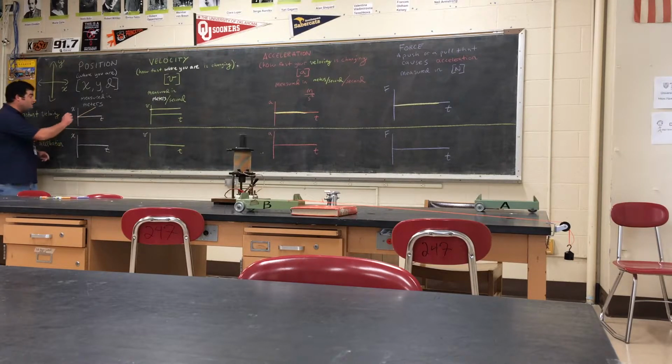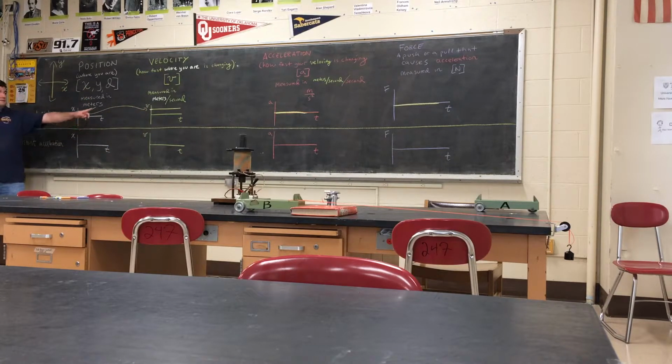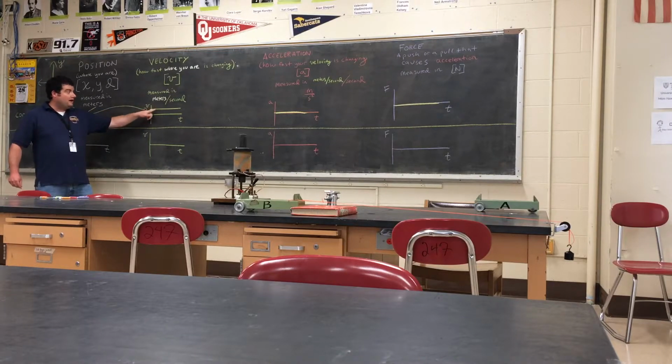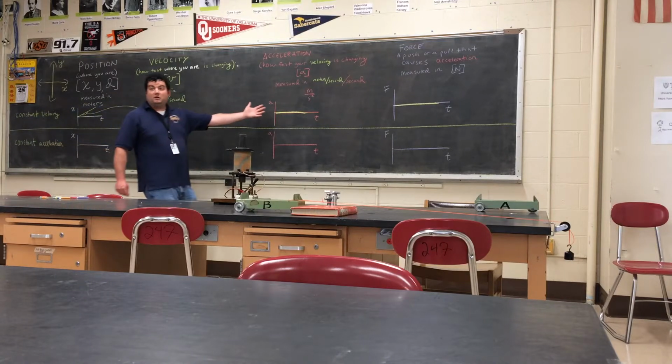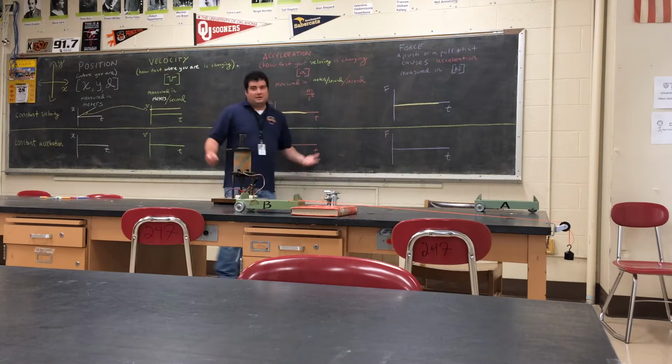It's important to remember that the slope of the position time graph equals velocity. So whatever this slope is, y2 minus y1 over x2 minus x1, that is how fast this line is rising. And since this line has no slope, that implies no acceleration and no force being on it, if it had no friction.